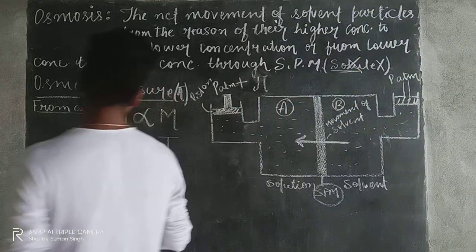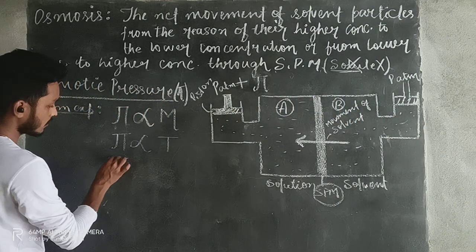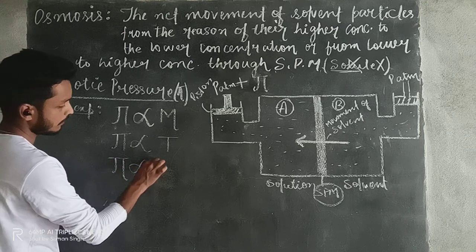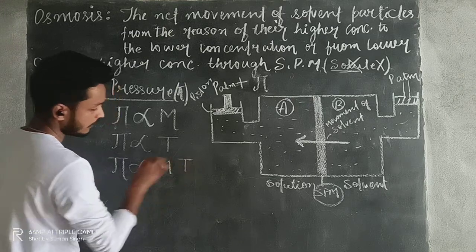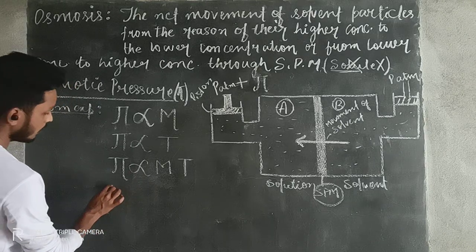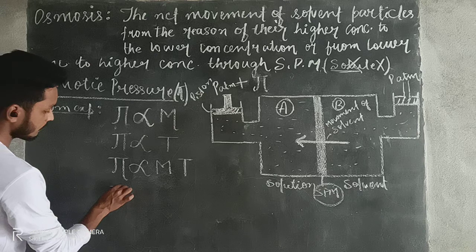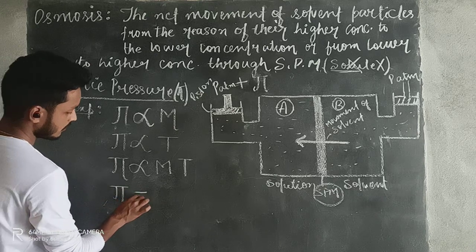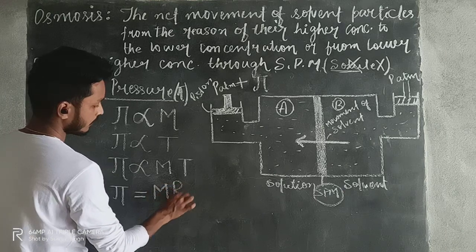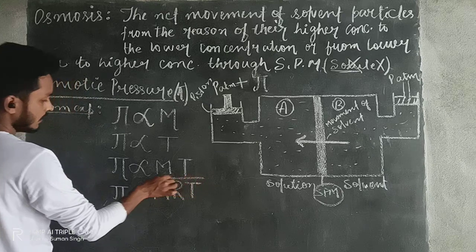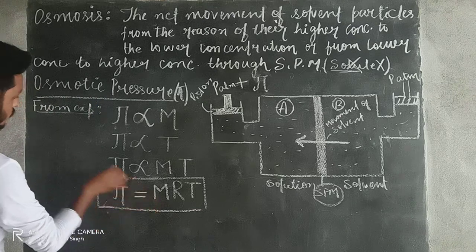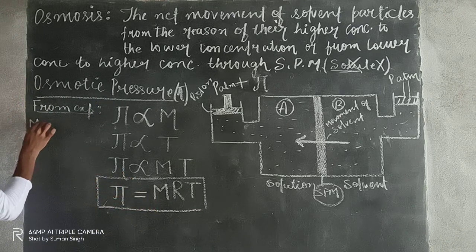So from here, can we write like this? We can write like this, as you can see. It is directly proportional to M T, right? So now, to remove this directly proportional sign, we will use a constant term, which is called R. So pi equals M R T. Here M is what?